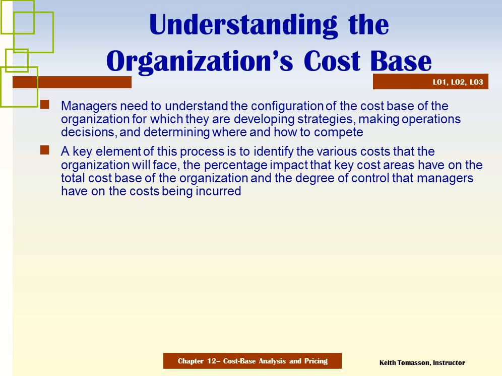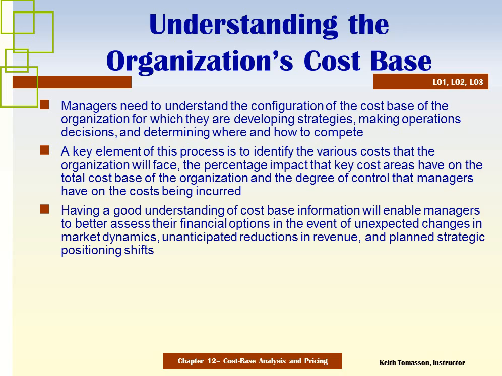An important element of that is understanding the degree of control that managers might have over the various types of costs that are incurred. Some costs we might have a lot of control over, affecting those costs. Others we may find that we have minimal control.